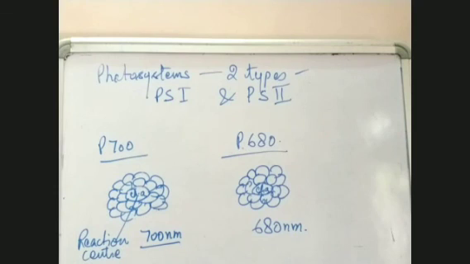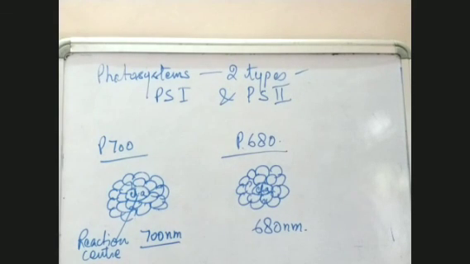Now, here we have two types of photosystems. In the light harvesting complex, we see two types of photosystems: photosystem 1 and photosystem 2. What is the major difference between the two?